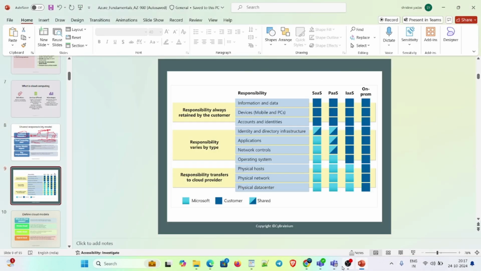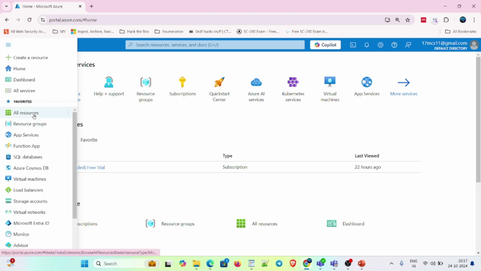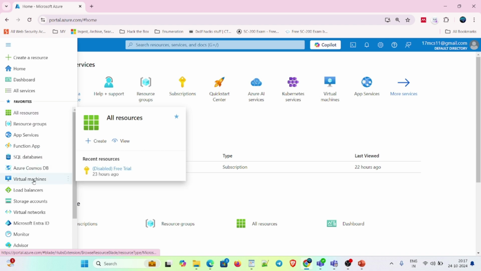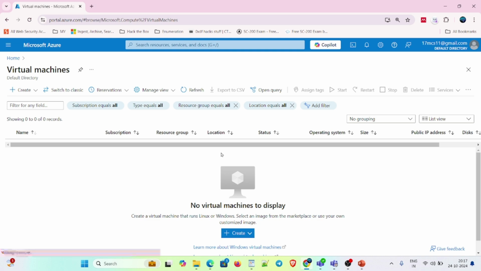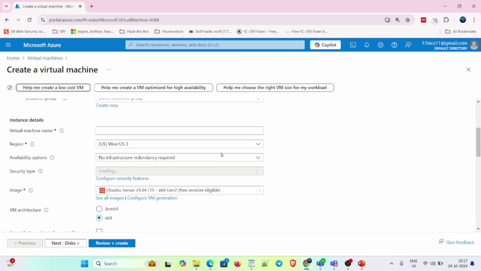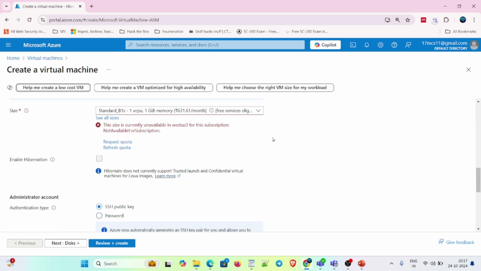For example, if I'm creating a VM here, I'm just giving you an example, and I keep some data in this VM, then as an organization I have to take care of the security of that data.